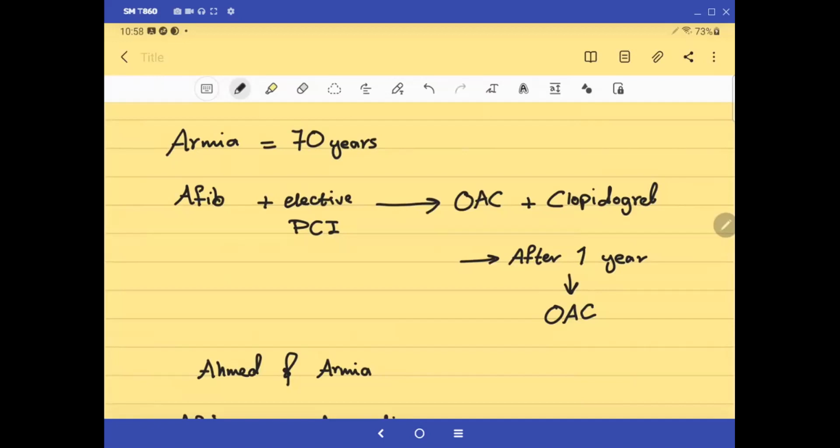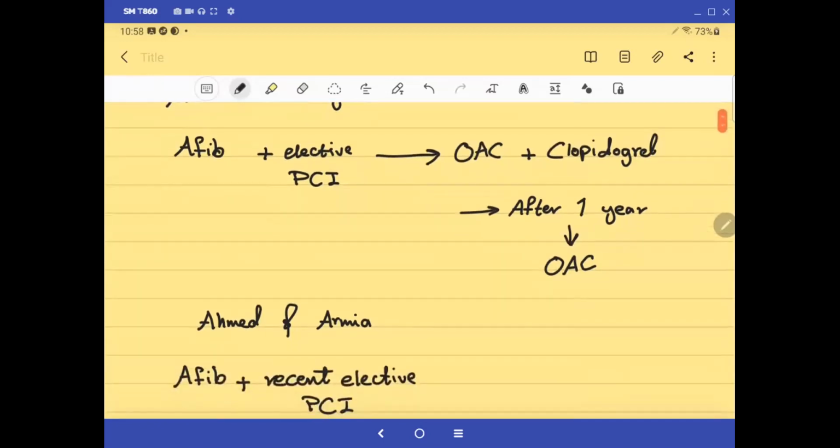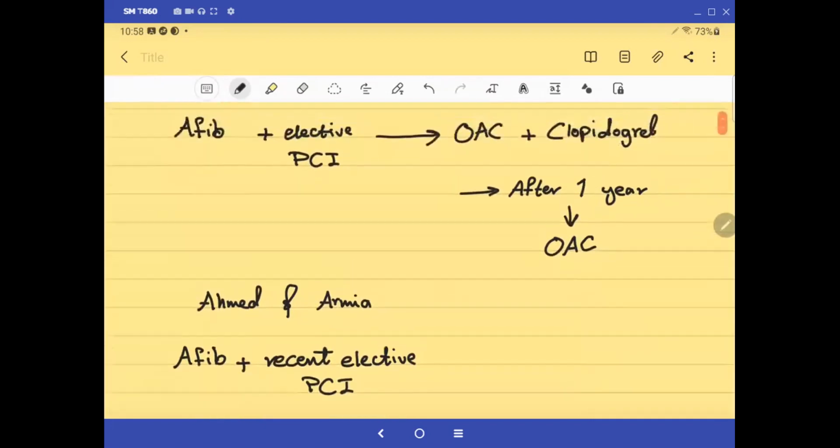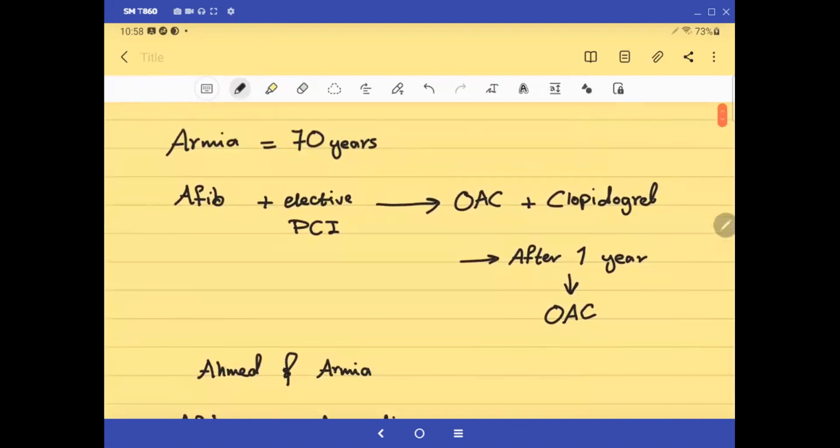Yeah, can you go down, please? Yeah, I did not write this. Yeah, Shams, you know what you did? Because you didn't write Ahmed. You only wrote Armia, but you didn't write Ahmed's case. Yeah, that's why I just wrote after Armia, Noha right away. Yeah, there is a case of Ahmed Shams that is missing, which is the atrial fibrillation with elective PCI, but the age is less than 65.